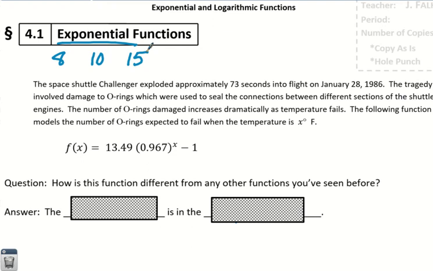So your hourly amounts are getting bigger. And then in the fourth hour you made $22, and then in the fifth hour you made $30, and just like the increases are growing. Okay, that's exponential growth.